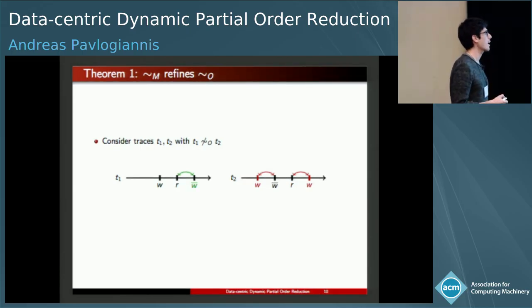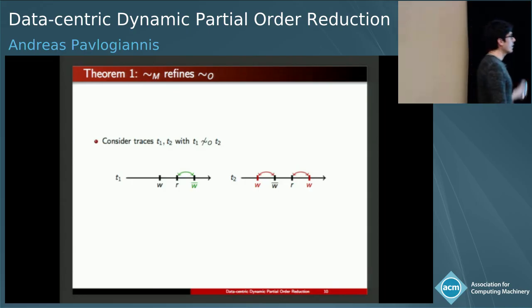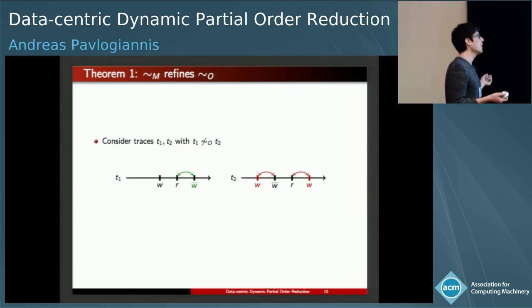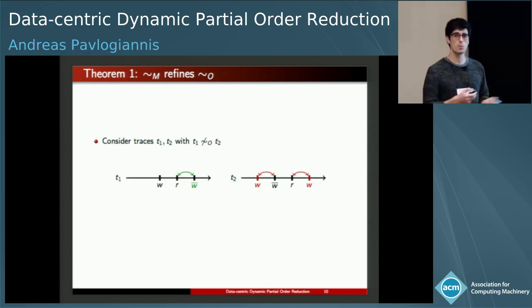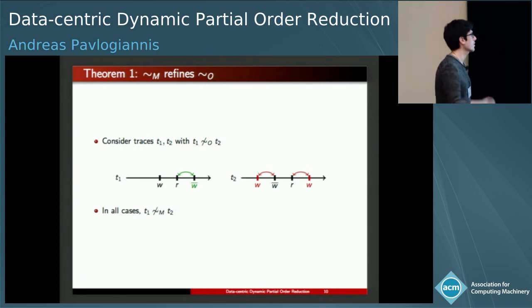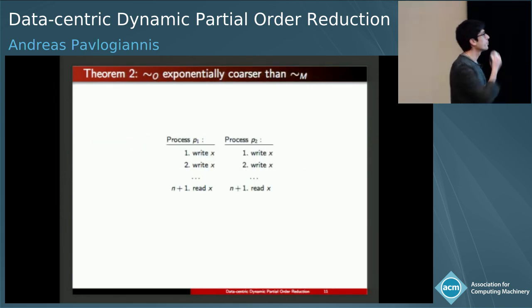This means that W bar appears after W also in T1, in which case you're also guaranteed to find W bar after R. And these three cases cover all the possibilities, and we know that in each one of them, we have changed the order of a non-commutative pair. Therefore, the two traces are also inequivalent in the Mazurkiewicz sense. QED, easy.